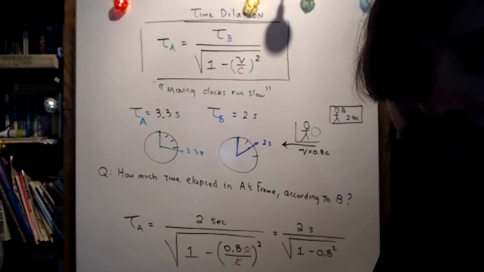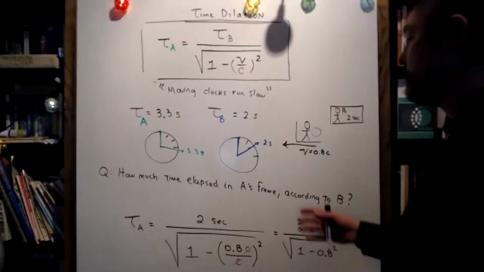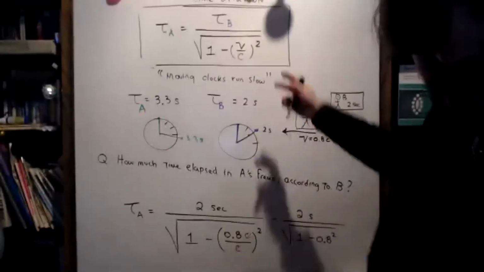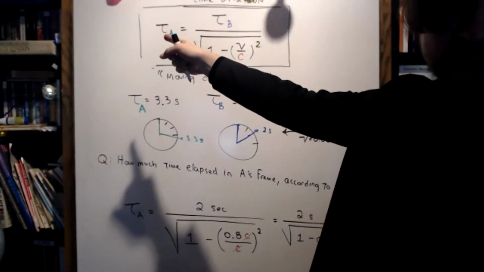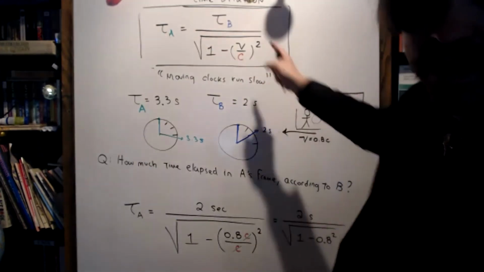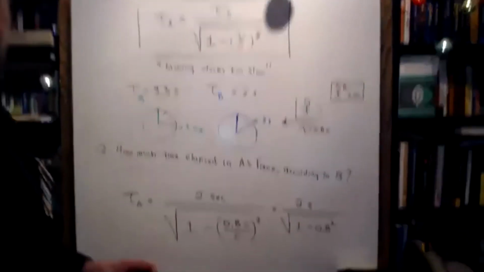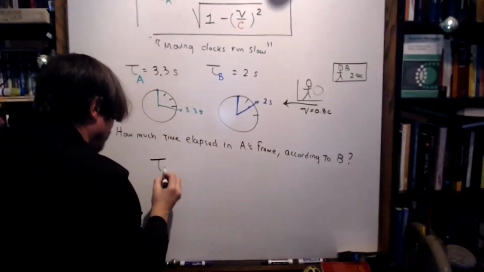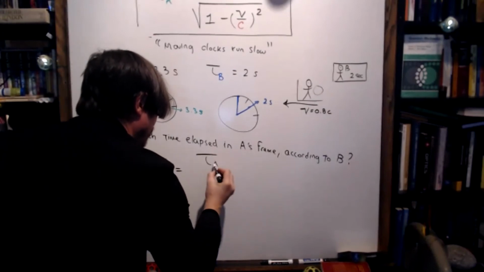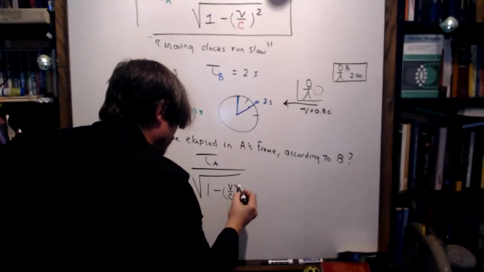Can you tell me what the new time will be? In a sense, we've rearranged the configuration of A and B. We have now made B the observer who believes they are at rest, and we've set their time to 2 seconds, and A now becomes the moving frame moving past them. In essence, the equation now looks very different. It now looks like TB is equal to TA over the square root of 1 minus v over c squared.